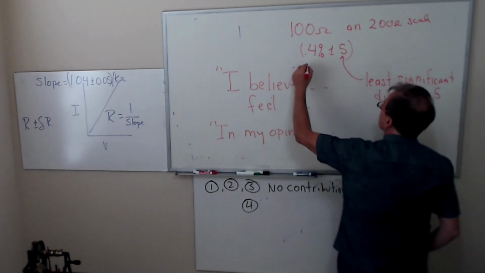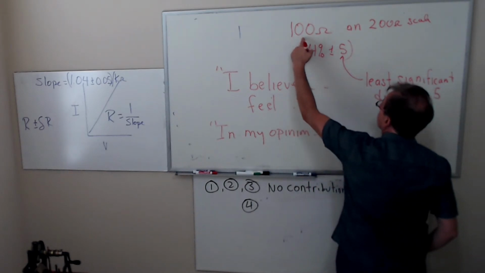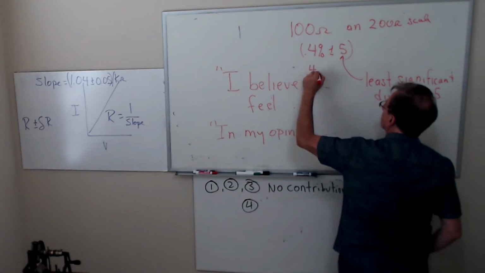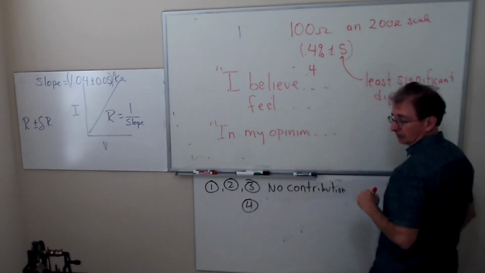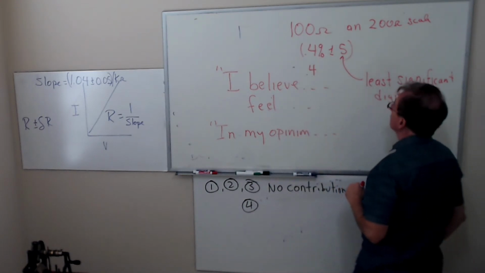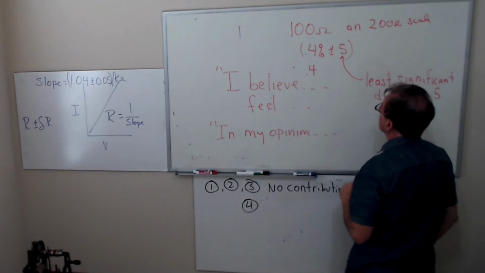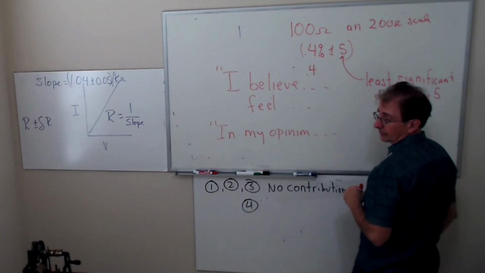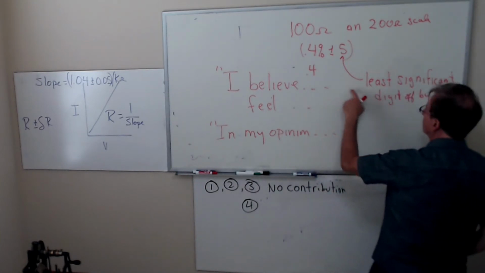So the uncertainty of this would be 0.4. Okay, so the least significant digit is off by 0.5.